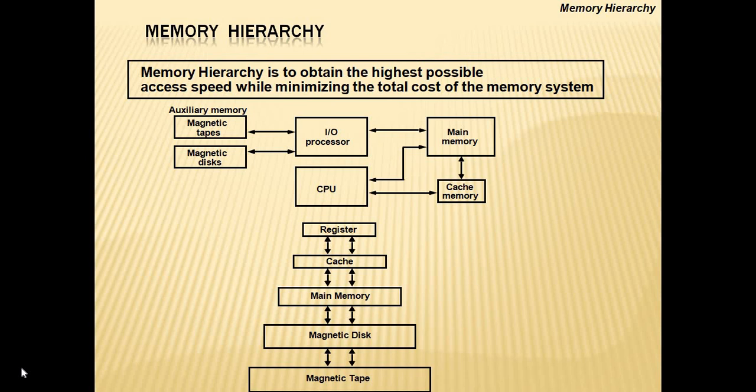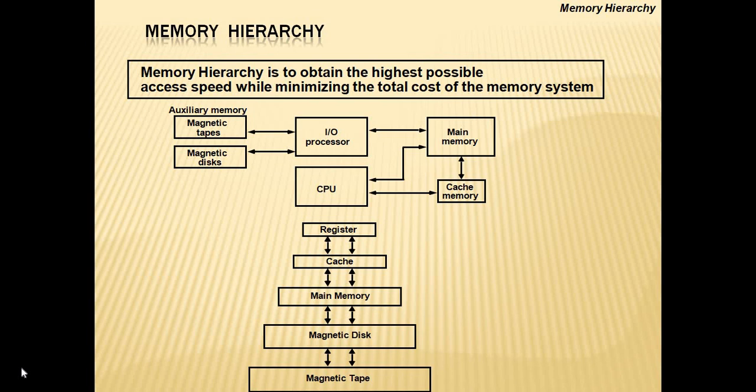Memory hierarchy is to obtain the highest possible access speed while minimizing the total cost of the memory system. Therefore, it is more economical to use low cost storage devices to serve as a backup for storing the information that is not currently used by the CPU.